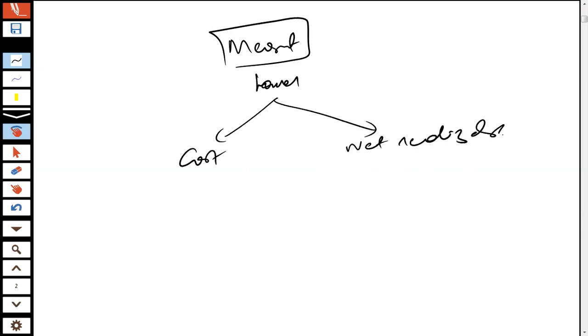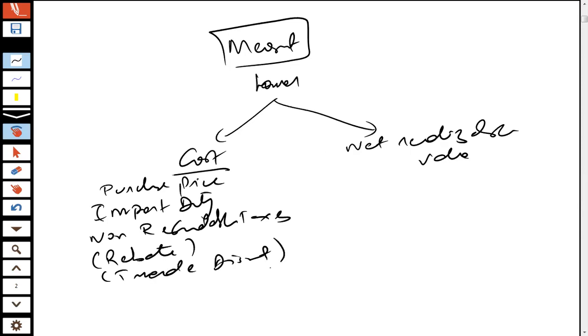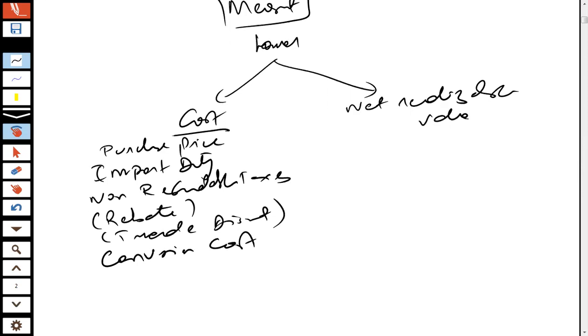The cost of an inventory is the purchase price, and you would add import duty, add non-refundable taxes, deduct rebates, deduct trade discounts, add conversion cost, and also add other directly attributable costs.